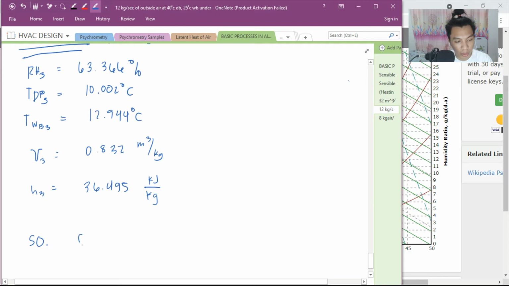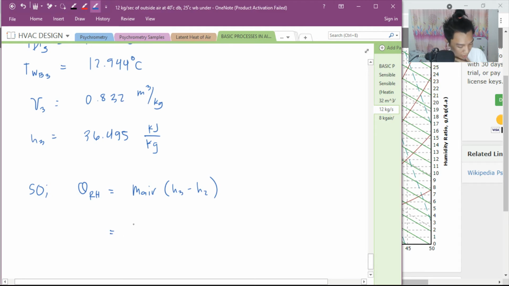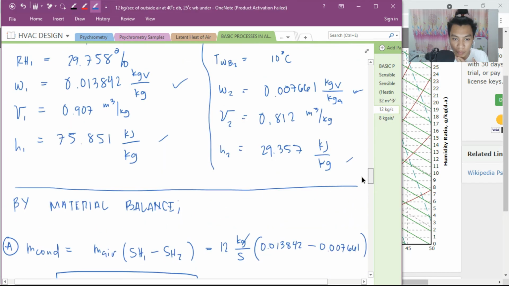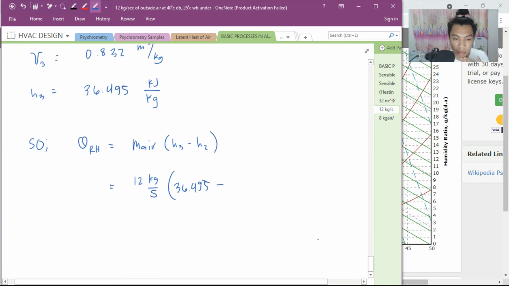So, yung Q nung RH mo or the reheating is equal to M air times H3 minus H2. Yung M ng air is nakuha natin is 12 kilogram per second. Yung H3, 36.495 minus H2, going back, 29.357 kilojoule per kilogram.